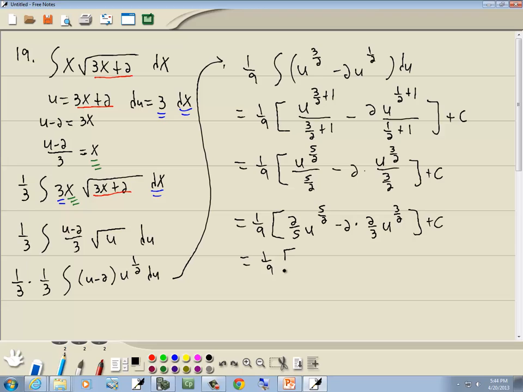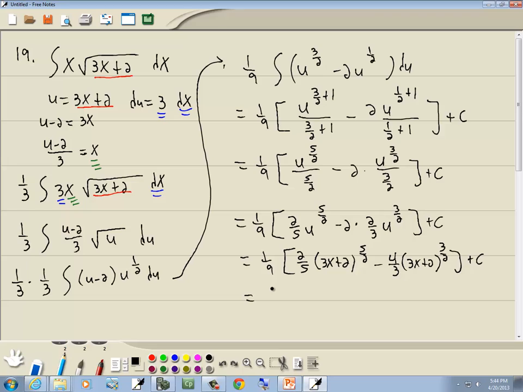which gives us 1/9, 2/5, and u we said was 3x plus 2, so we'll put that in. So 3x plus 2 to the 5/2 minus 2 times 2 is 4, so we've got 4/3, and plug in 3x plus 2 to the 3/2 plus c. Now it's possible to multiply the 1/9 in.